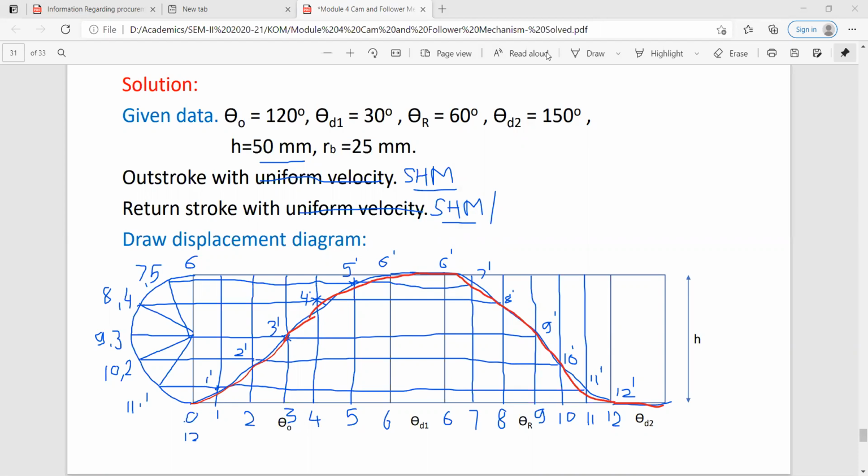So we are taking 1 centimeter each for 0 to 6, correct? Yes. Should we take less than 1 centimeter for 6 to 12, or is 1 centimeter also fine? 1 centimeter is also fine. If you want, you can take 5 mm, so that will save some space for you.